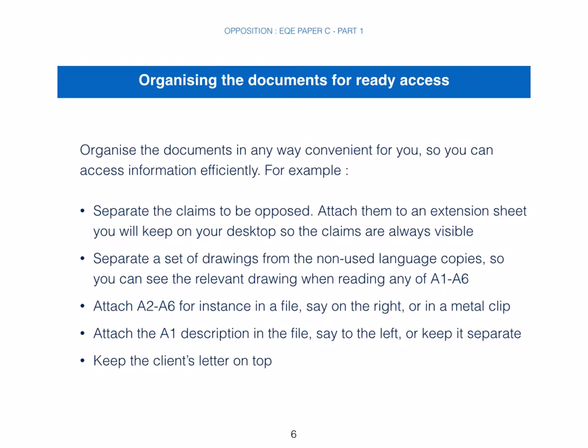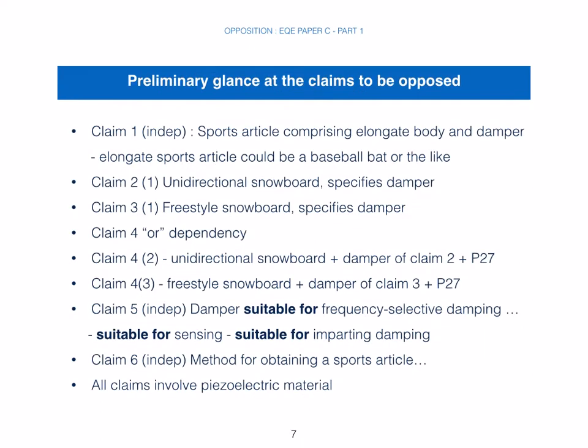As I mentioned, a fail-safe way of starting reading is to begin with the claims to be opposed, so you start getting familiar with the subject from the outset. Let's now take the opposed claims and glance down through them. What we want to do is look at the structure of the claims.